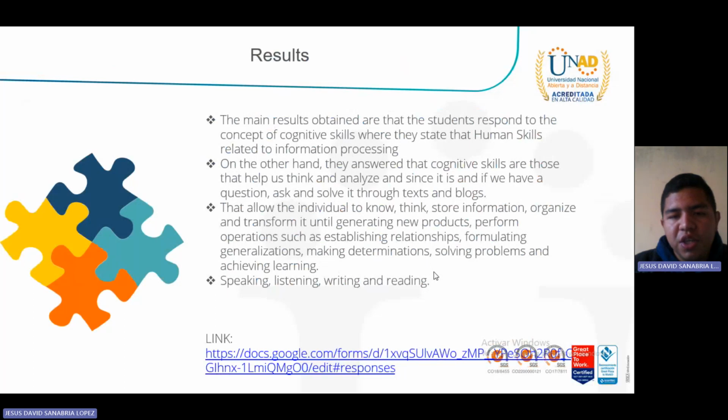They allow an individual to know things, store information, organize and transform it until generating new products, and perform operations such as establishing relationships, formulating hypotheses, making determinations, solving problems, and achieving learning. The abilities are speaking, listening, writing and reading.